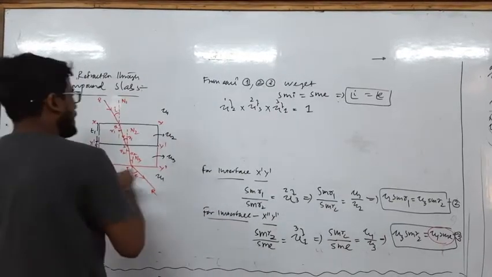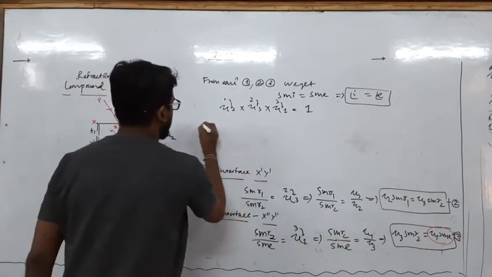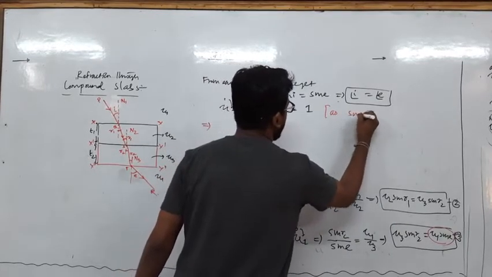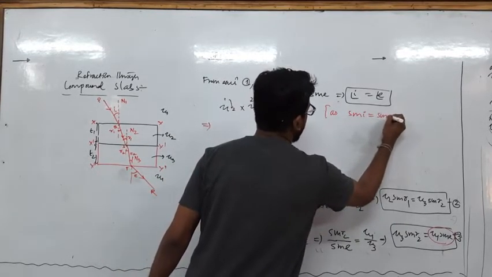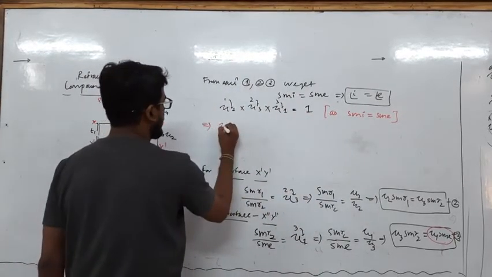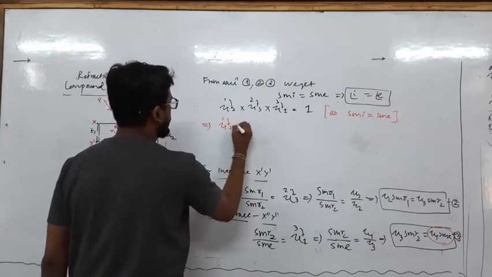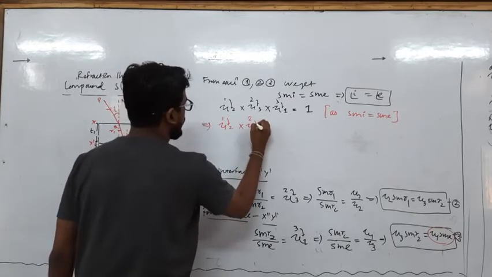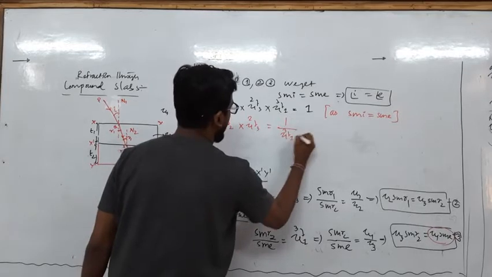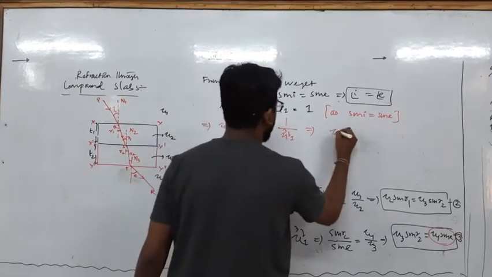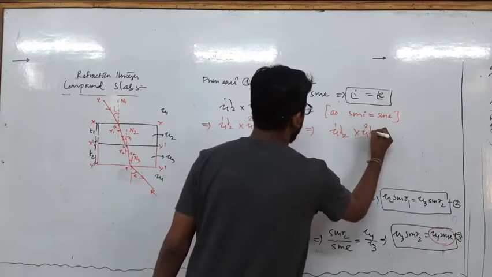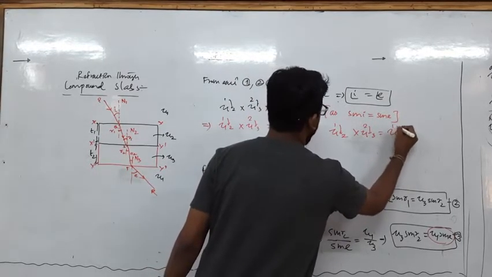So from this I can write sin I equal to sin E. So this multiplies and gives us 1. So this implies mu 1 to 2 into mu 2 to 3 will be 1 by mu 3 to 1. So I can write mu 1 to 2 into mu 2 to 3 equal to mu 1 to 3.